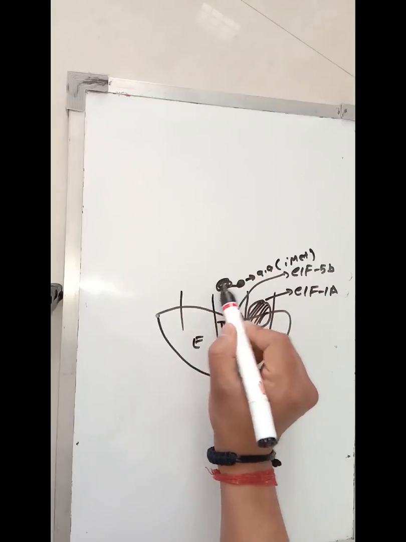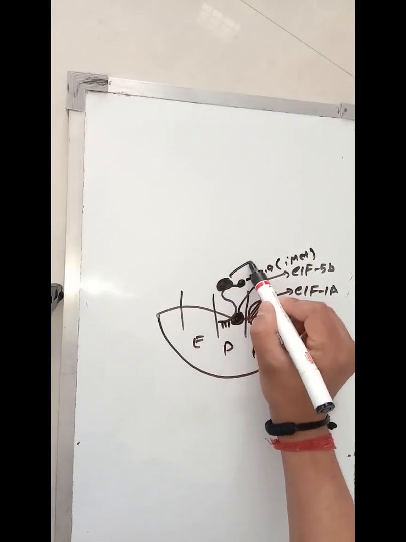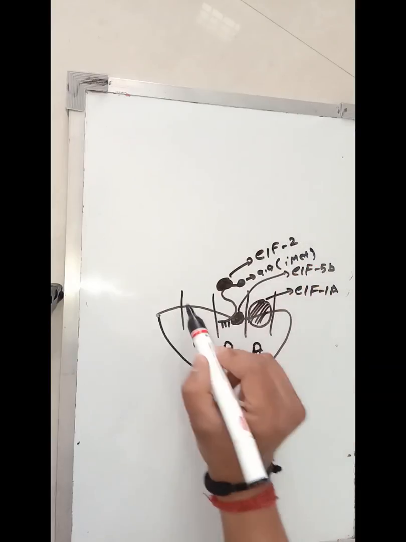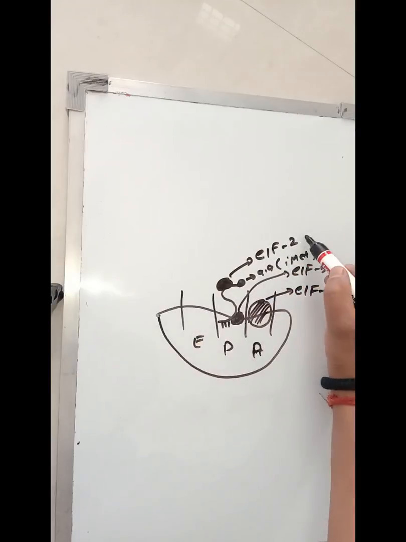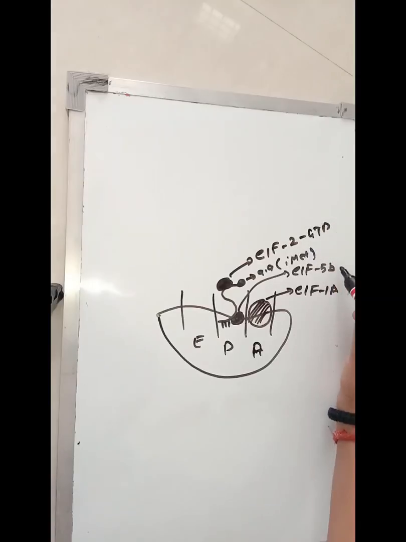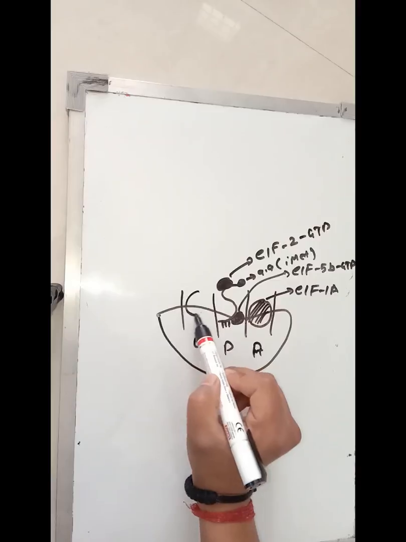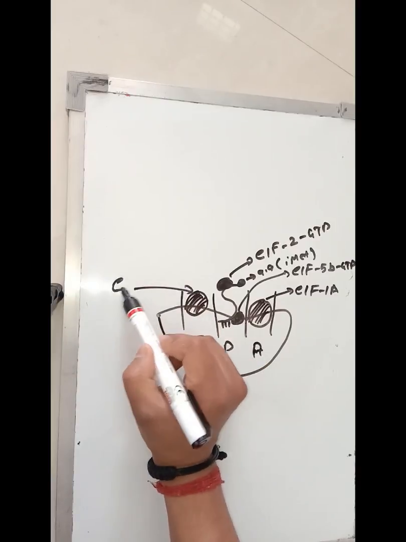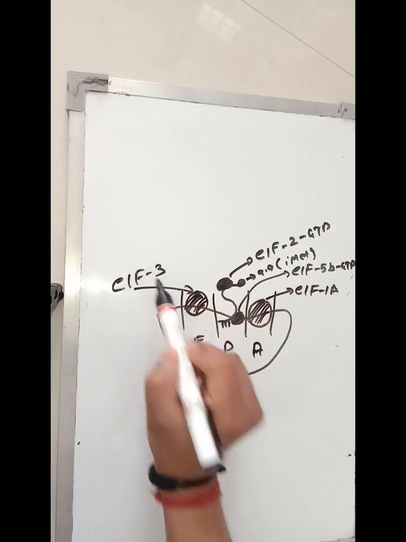Now here is a factor EIF2. These are linked with GTP. It is also linked with GTP. Now here is EIF3.